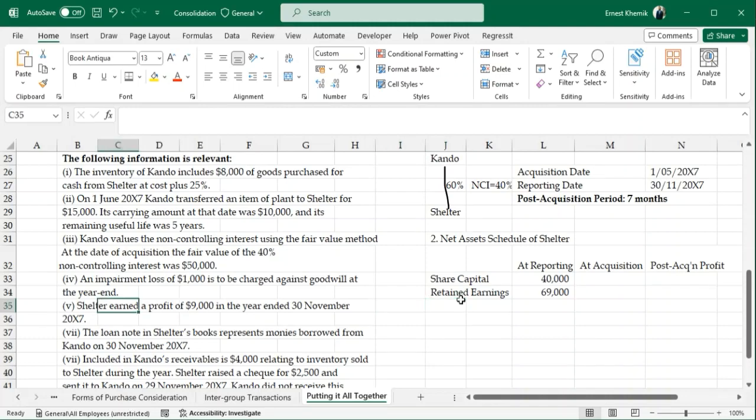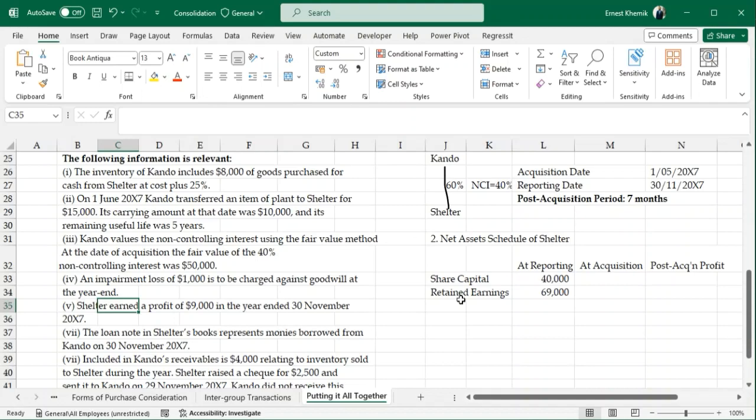Alright, now note 3: Kandu values the non-controlling interest using the fair value method. At the date of acquisition, the fair value of the 40% non-controlling interest was $50,000. This one, there is no hassle.